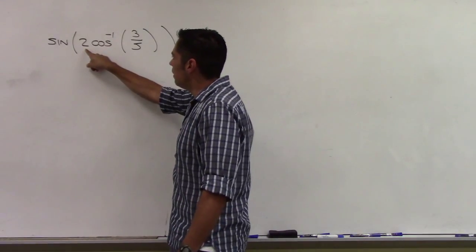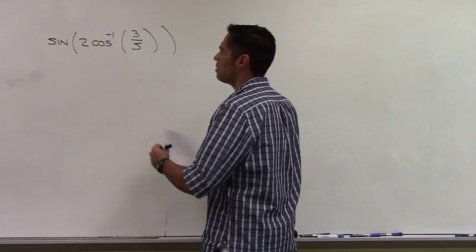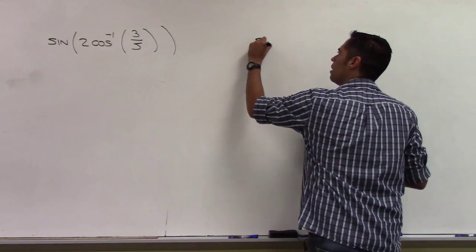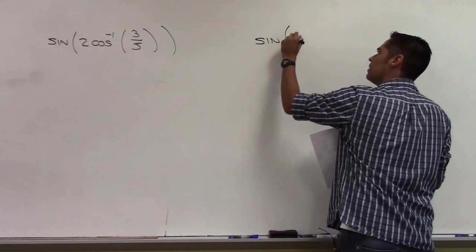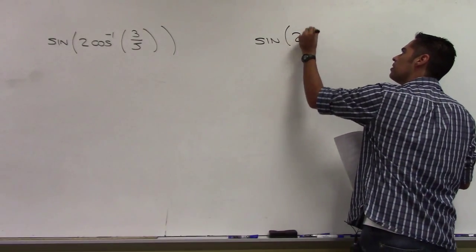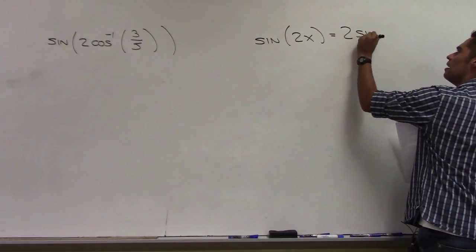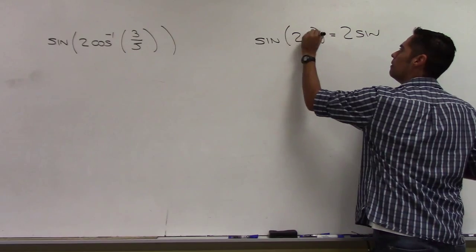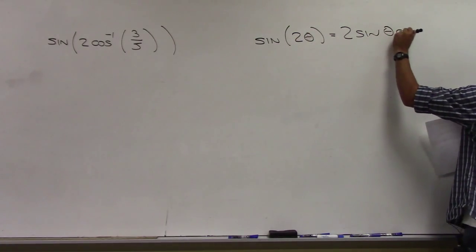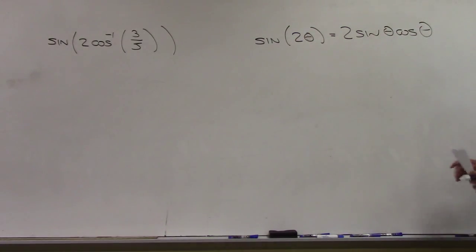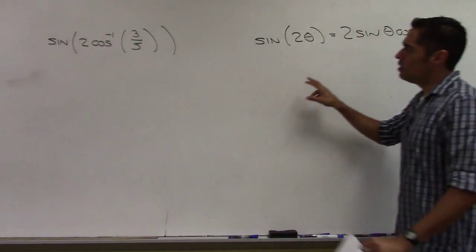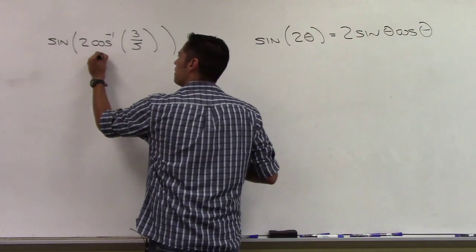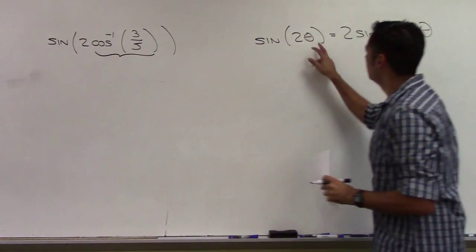This problem is tricky because you have a 2 in here. So the key to this problem is to recognize a formula from pre-cal, which was something like sine of 2x equals 2 sine, well, usually they use theta, 2 sine theta cosine theta. It's a double angle formula from pre-cal. And so if I look at it that way, this piece is like the theta.